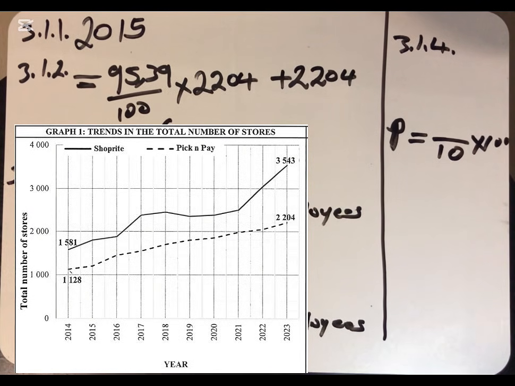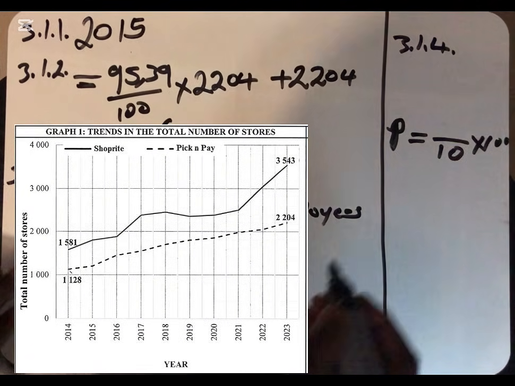So now let's go and check ShopRite having less than 2,000 stores. We can see that in 2014 our graph is below 2,000. 2015 our graph is also below 2,000. 2016 our graph is also below 2,000.